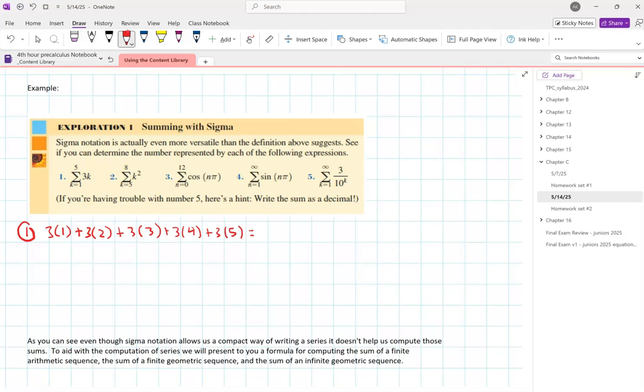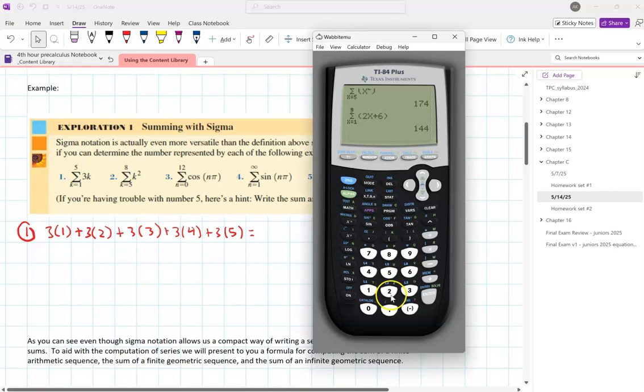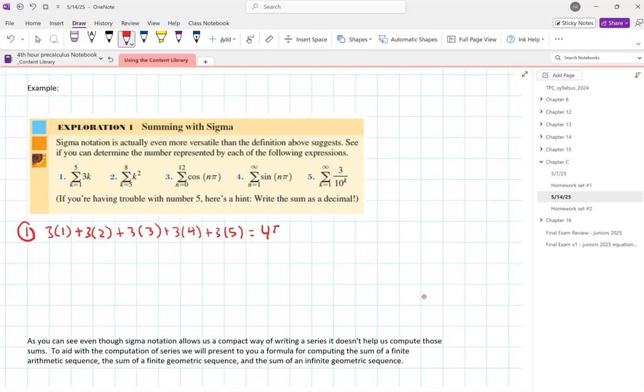So 3 plus 6 plus 9 plus 12 plus 20, I'm sorry, plus 15. So 3 plus 6 plus 9 plus 12 plus 15 is 45.